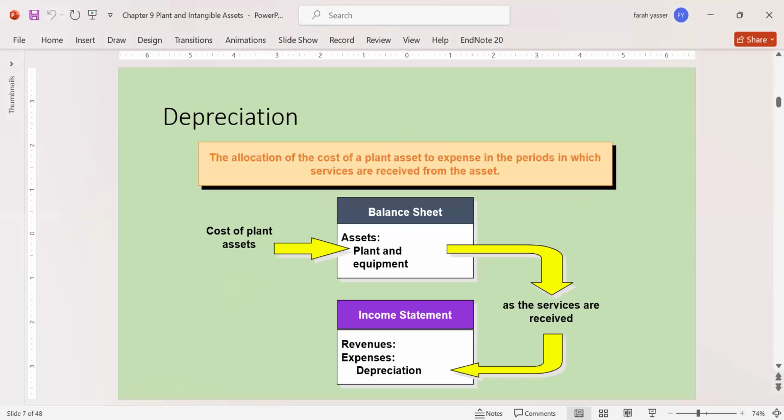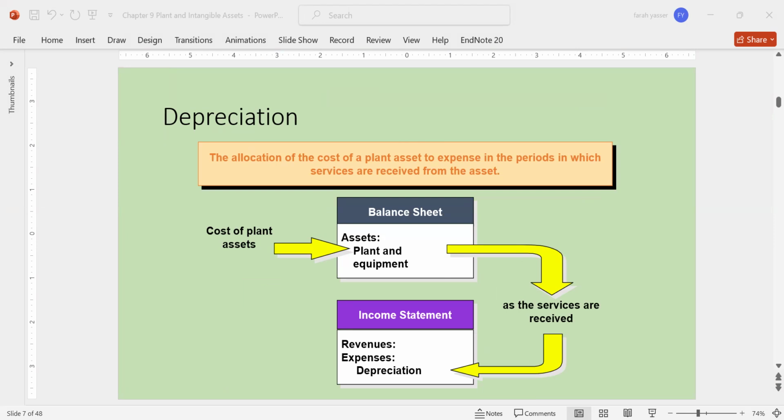First of all, we will discuss what is depreciation. Depreciation is the process of allocating the cost of a tangible asset over its useful life. You can say tangible assets or any fixed assets or long-term assets over its useful life.